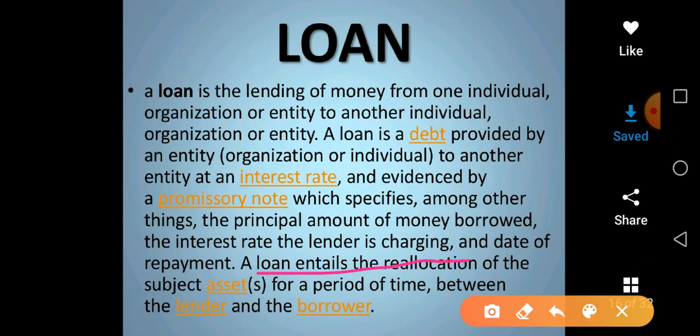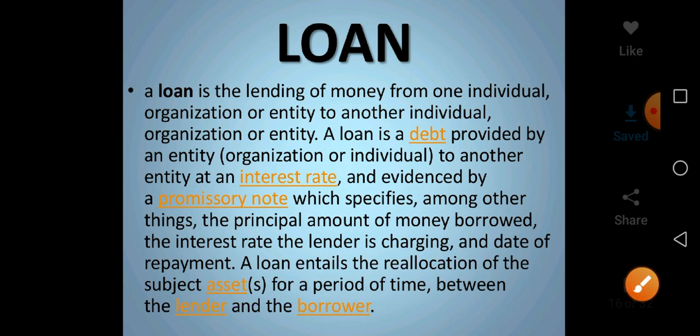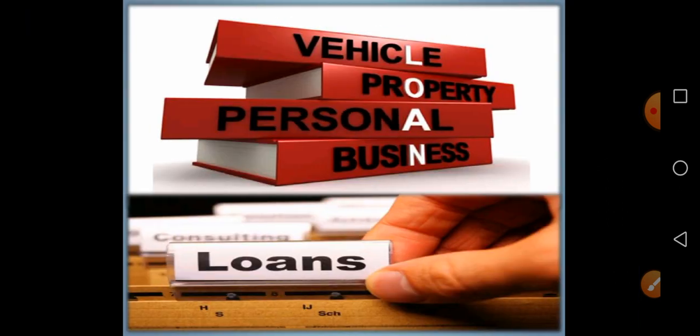A loan entails the relocation of assets for a period of time. These transactions are done between the lender, known as the bank officer, and the borrower, you, the bank account holder. We can take different kinds of loans, such as vehicle, property, personal, and business loans, from the bank.